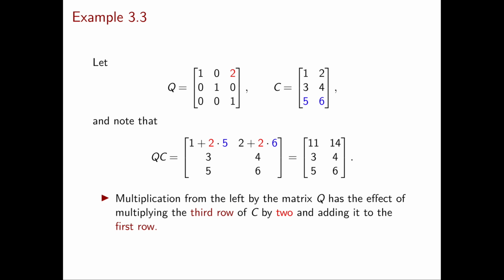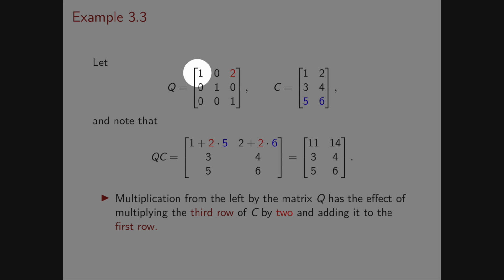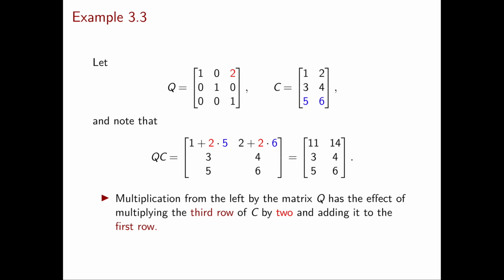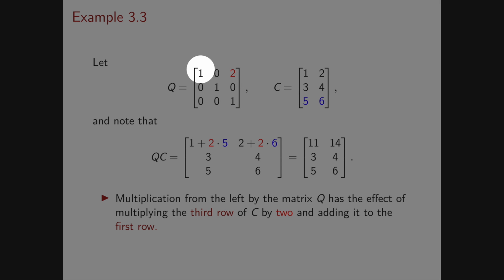So let's compute now the first row of Q times C. In the first column, we will have 1 times 1 plus 2 times 5, which is written over here. While in the second column, we will have 1 times 2 plus 2 times 6, which is written over here.